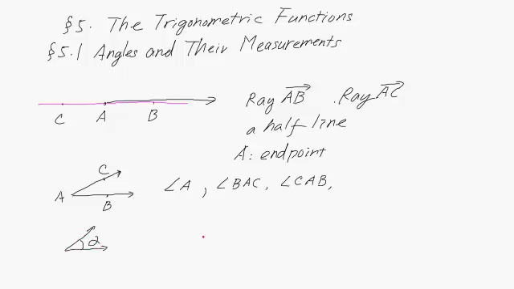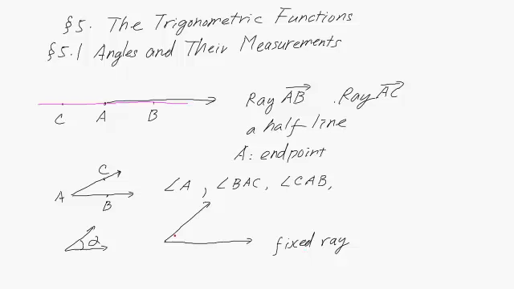Now, suppose we have a fixed ray like this. This is a fixed ray. And we rotate the ray away from this fixed ray. Then in this way, we can also form an angle. So now this fixed ray is called the initial side of this angle.